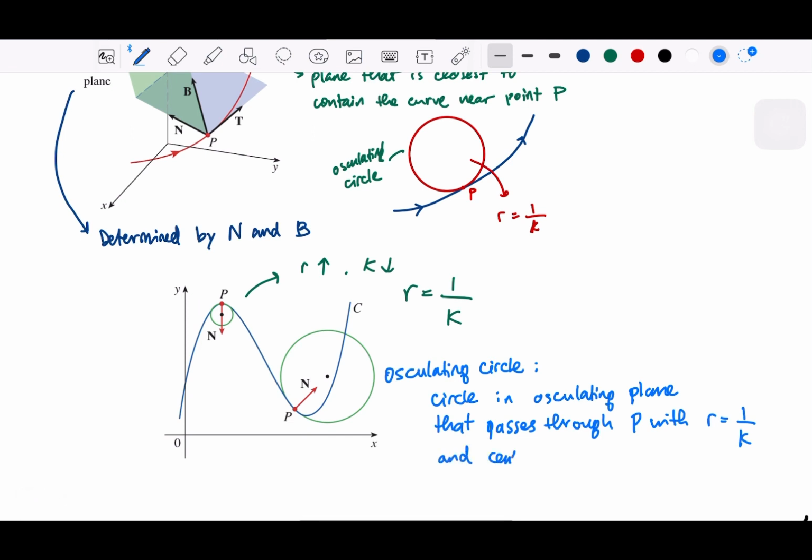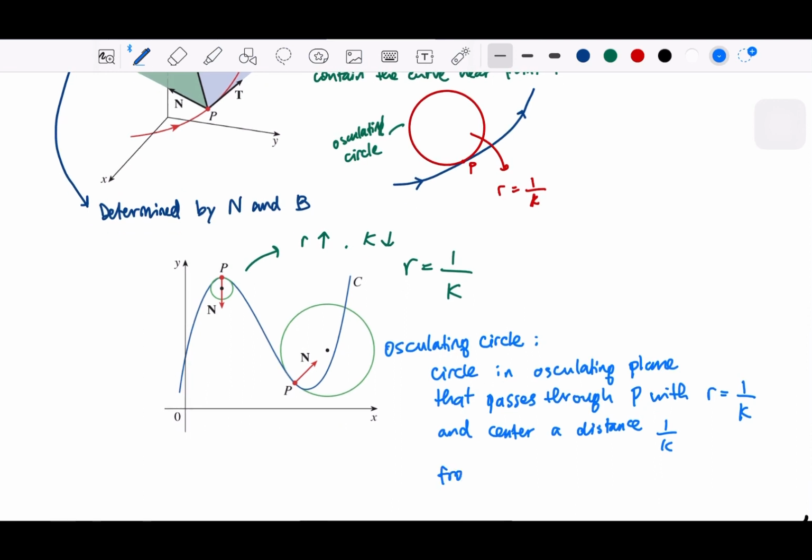And center distance 1 over curvature from P along the vector n. So this is just to say that the vector n will go through the center of the circle, as you see from the picture. Okay.